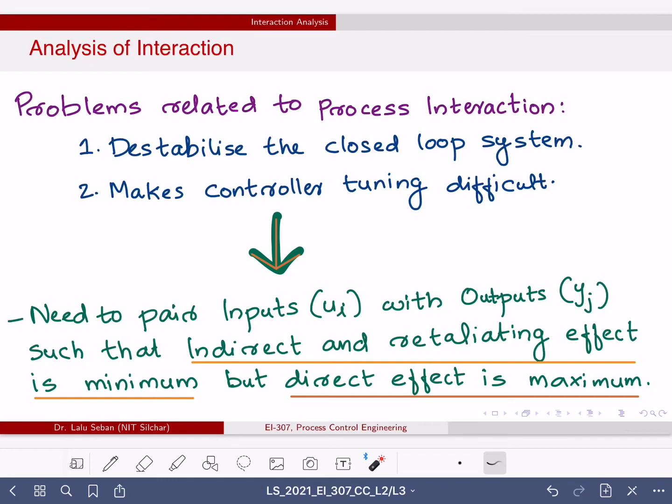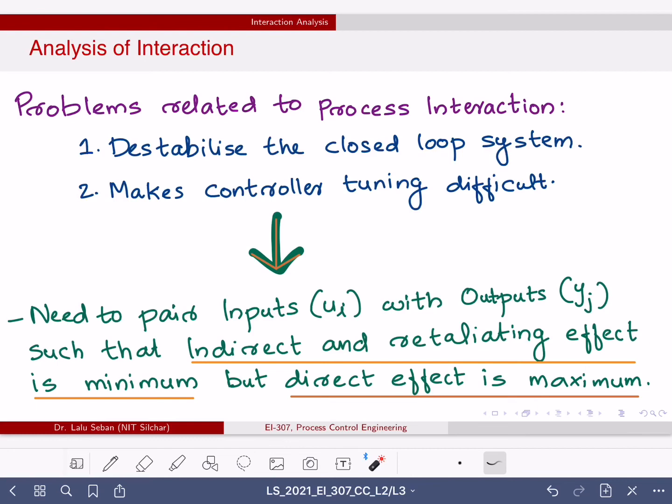Another thing, which you are very new to, and have not discussed: here we have two controllers, which will be using some kind of control strategy like PID or PI. So their tuning is important. The controller tuning will be very difficult when the interaction is very high.